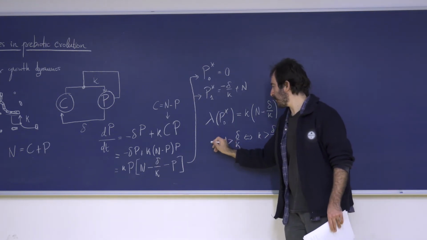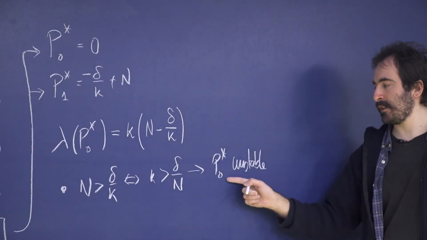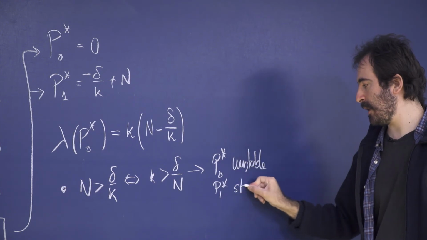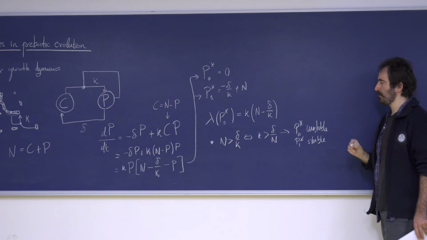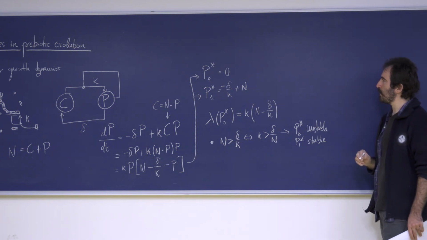So this is one of the regimes that we can look at. Naturally, if this is unstable, immediately I know that the other one must be stable for the same regime. I'm going to talk more about this in a second, but this should be something that we are already familiar with.